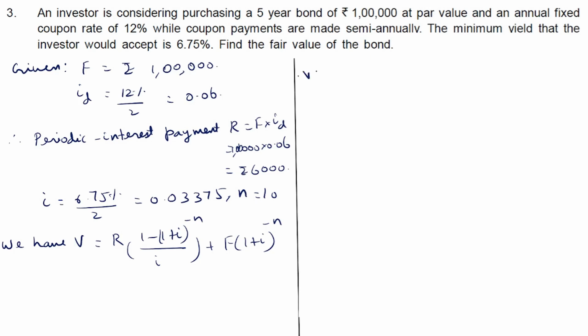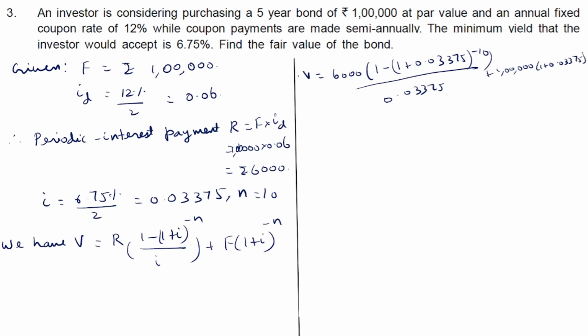So when we substitute each of these values, we will be able to find the value of V. So we have V is equal to R is 6000 into 1 minus 1 plus 0.03375 the whole raised to minus 10 upon 0.03375 plus face value is 1 lakh into 1 plus 0.03375 the whole raised to minus 10.